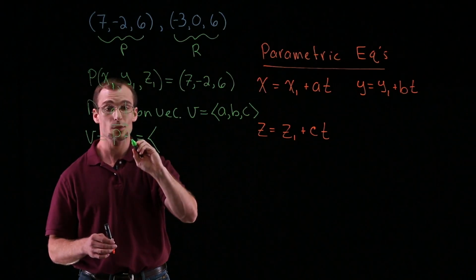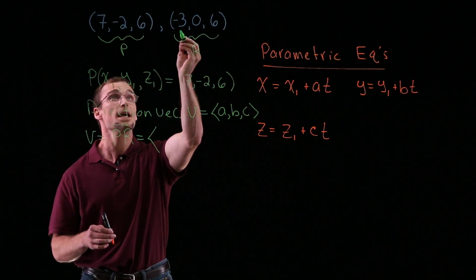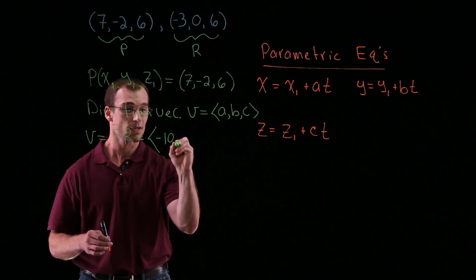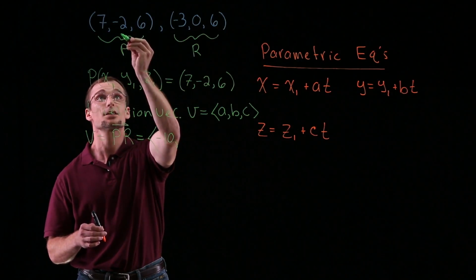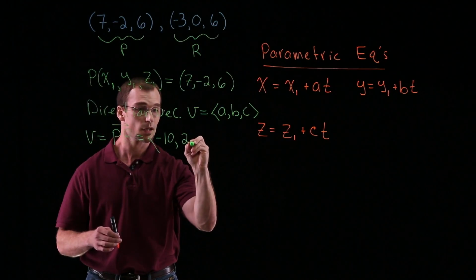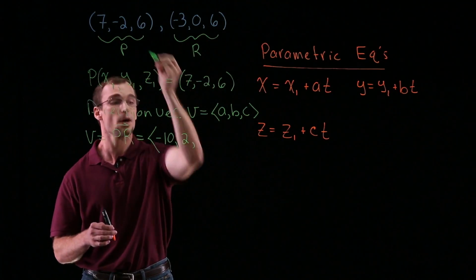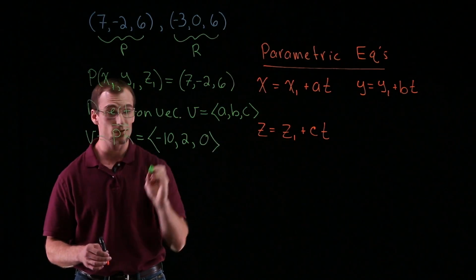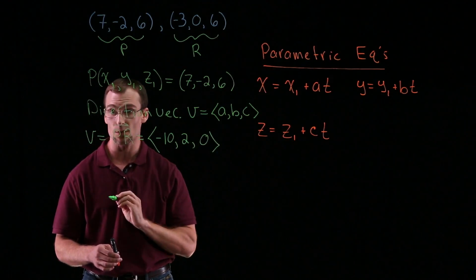R is our terminal point, P is our initial point: -3 minus 7 gives us -10, 0 minus -2 gives us +2, and 6 minus 6 gives us 0. So that's our direction vector with our a, b, and c numbers.